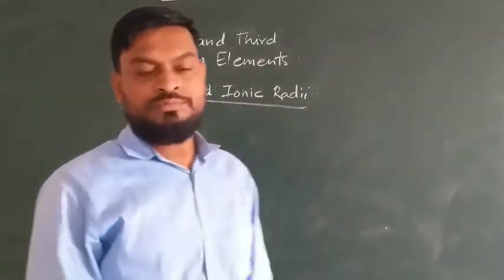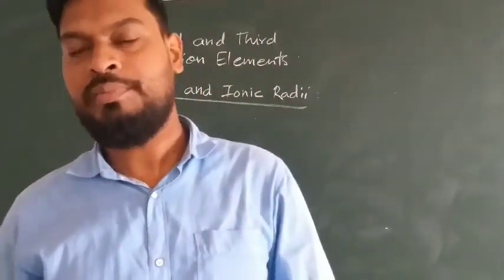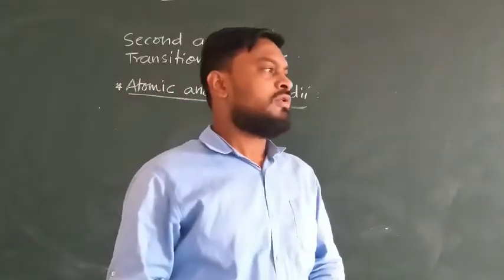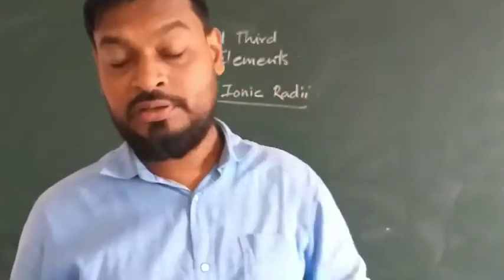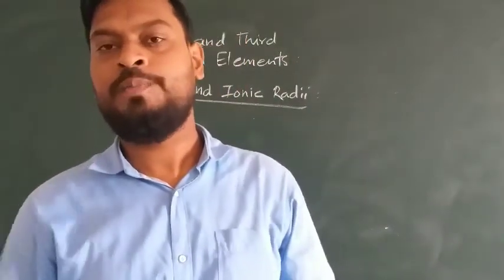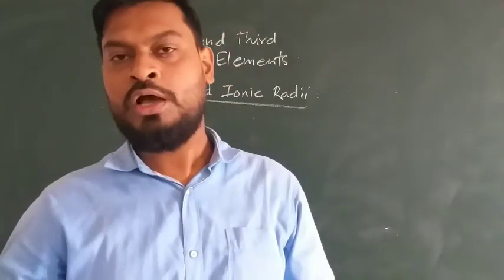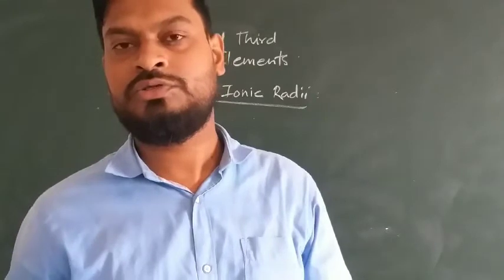Earlier I already discussed what is meant by atomic and ionic radii. To recall, atomic radius is the distance from the nucleus up to the outermost electron, the distance between the nucleus and the outermost electron.